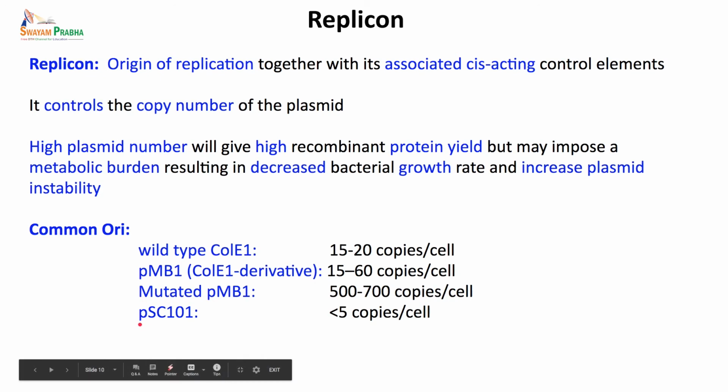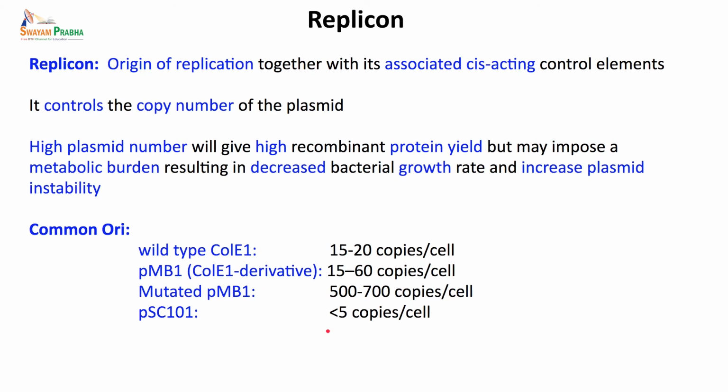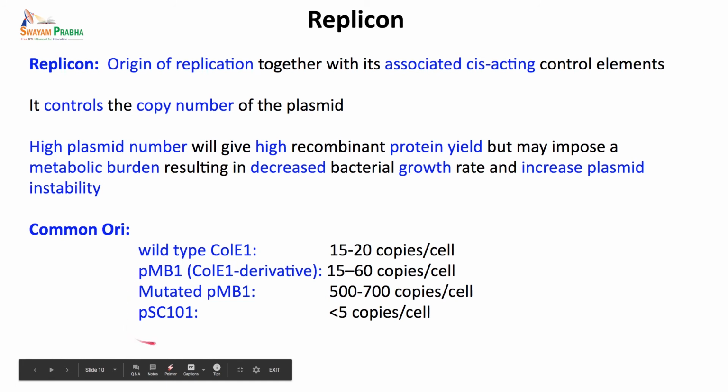So one such origin is the pSC101 origin, which is a very stringent one, and it controls the plasmid to have less than 5 copies per cell. So depending on the nature of the protein, the folding properties of the protein, whether it is toxic or not, and of course the length of the experiment, for how long you want to keep producing the protein in the E. coli, you may choose the origin which is most suitable.